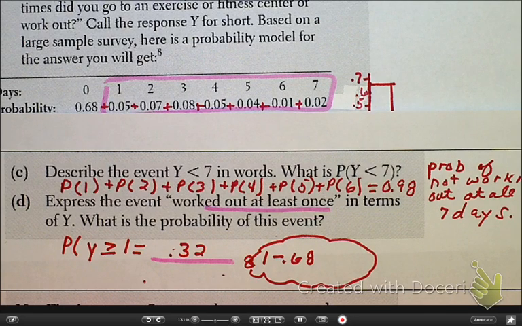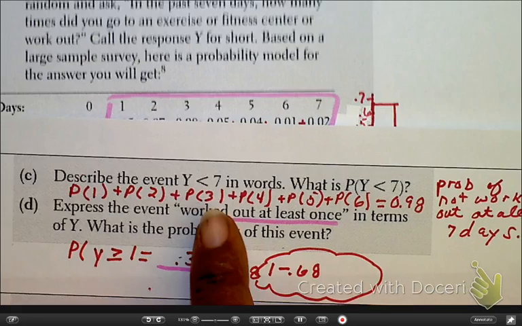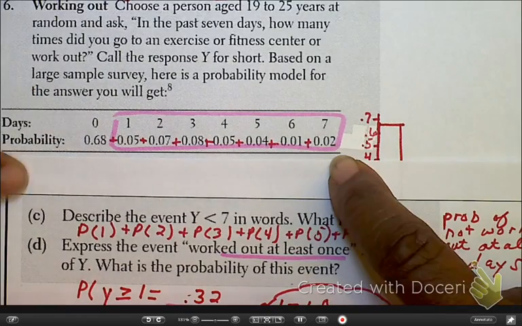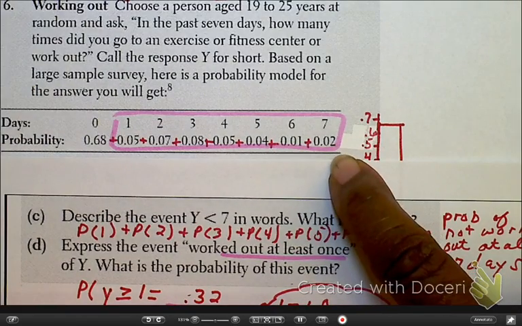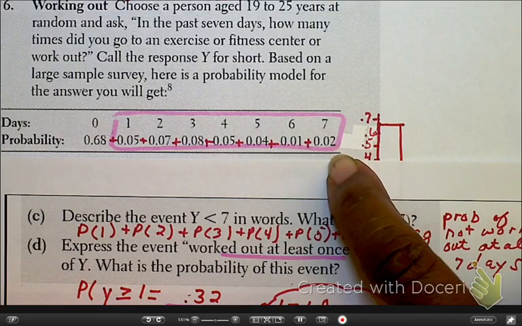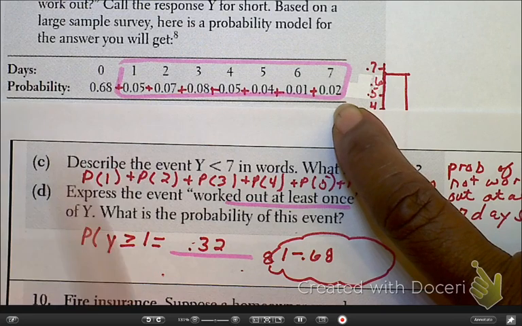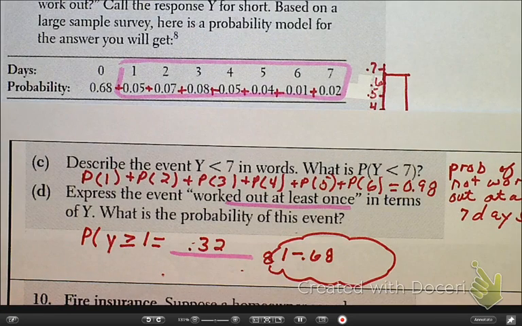If we look up at our chart right there, we can see here are all the values that I have in pink that are greater than or equal to 1. Remember, thinking smarter, not harder: the probability of it not being 0 is the same thing. So I'm just going to go 1 minus the 0.68.